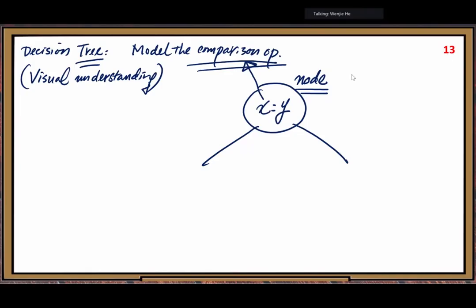So when we make a decision, we have two possible outcomes, so we can use the binary tree to represent comparison results. Left branch corresponds to the case x less than or equal to y. Right branch corresponds to x greater than y.